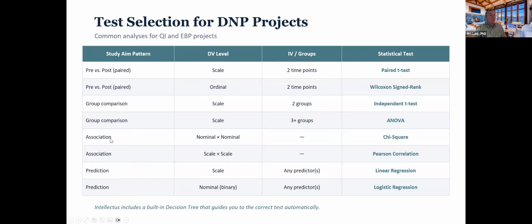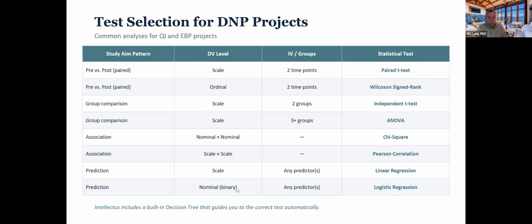Association is really, I should have just said relationship, but association can work, but relationship is better there. And if they're both nominal, we're in chi-square land. If they're scale and scale, we're in correlation land. And prediction, we're clearly in regression land.